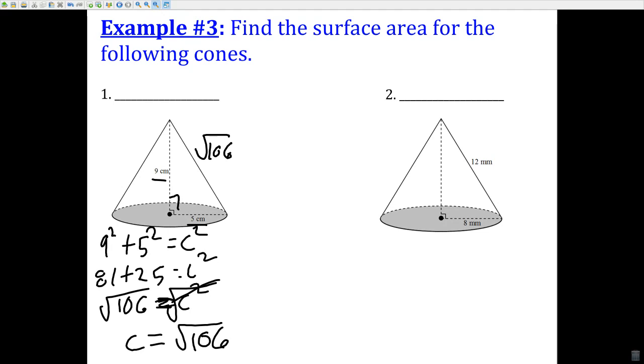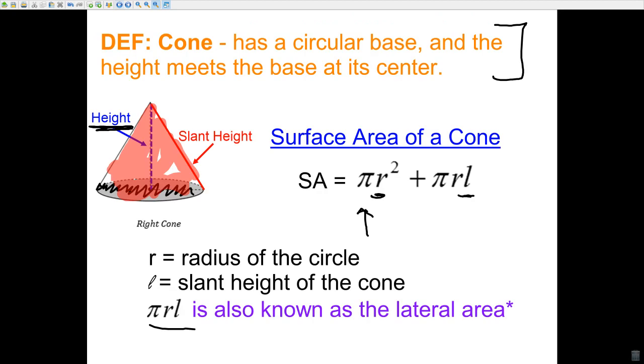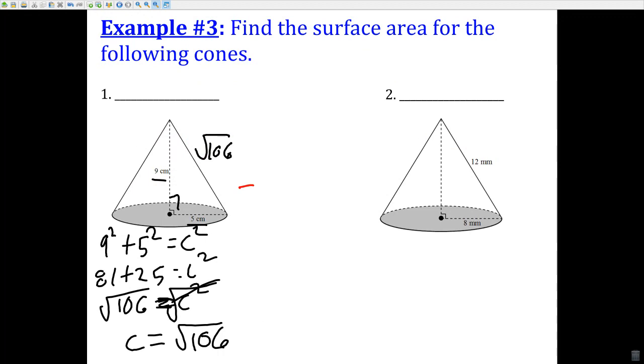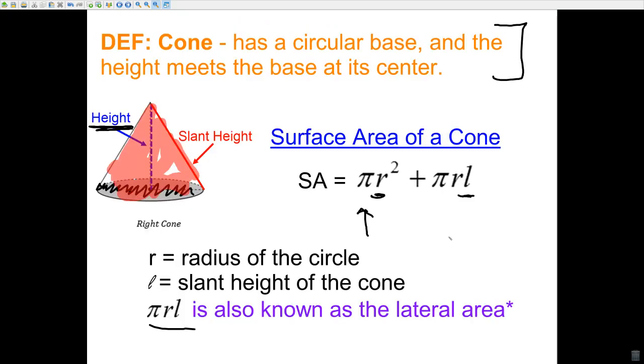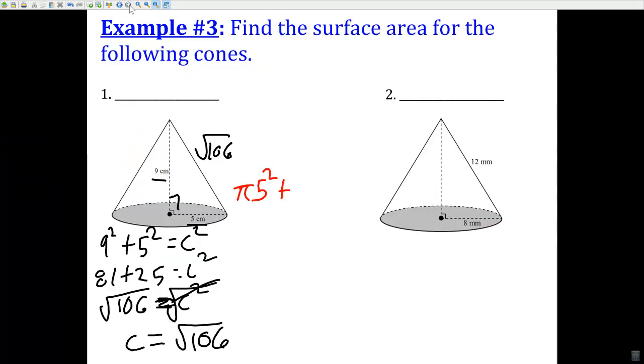Okay, now let's use the formula. Pi r squared, okay, we've seen that before. That's the area of a circle. Pi times r, this looks like it's 5 squared, plus, let's look at that formula again. And this is what you do. You just look at what you need to put in the formula. Plus pi r times the slant height. Pi times 5 times the slant height.